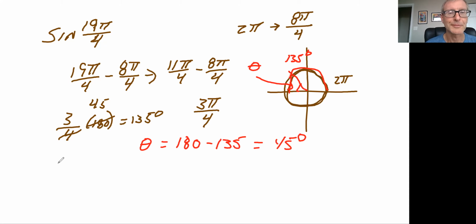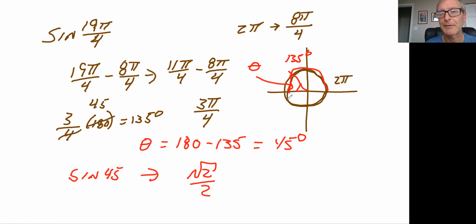And so we're looking for sine of 45 degrees. We get out our table and we get square root of 2 over 2. And we're in quadrant 2 now, right? So this is quadrant 2. And you can see the y value is positive. So you get positive square root of 2 over 2.